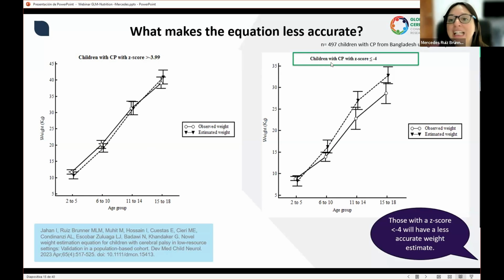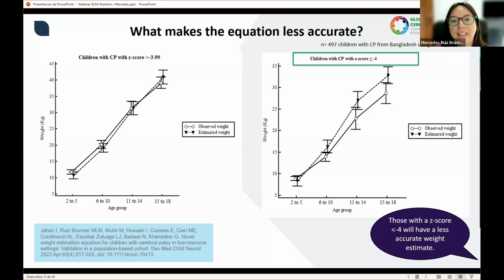But when we have children with a z-score for weight, height, or body mass index lower than -4, we can see that the estimated values, in children, adolescents and teenagers, are less accurate. And we can see that the estimated value usually is higher than the observed value. Yes, the estimation equation tends to give a value higher than it really is. So those children with z-score lower than -4 will have less accurate weight estimation.